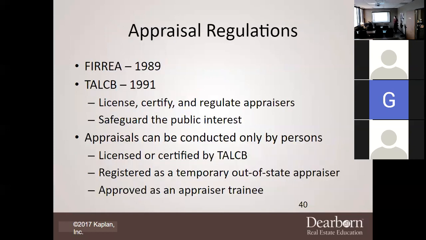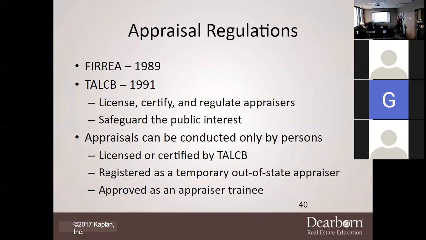Okay. Again, there are federal regulations and state regulations. There were the FIRREA 1989 regulations, which started the establishment in regards to how we handle appraisals. Then there was the Texas Appraiser Licensing and Certification Board in regards to appraisals within the state of Texas. That was in 1991.